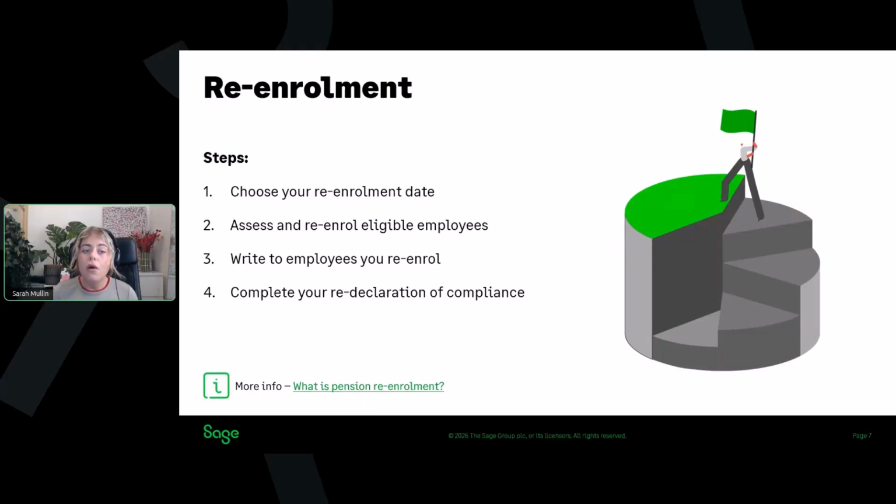And 4 is completing your redeclaration of compliance with the pension regulator. Now, that step is mandatory. Even if you do assess your employees and it actually turns out there's no one to re-enroll, you still have to complete that 4th step. So it doesn't matter your circumstance, step number 4 is mandatory regardless of the circumstances.